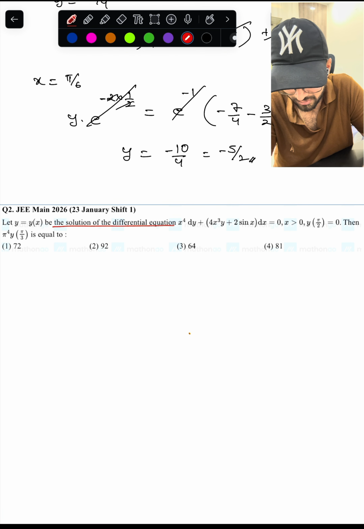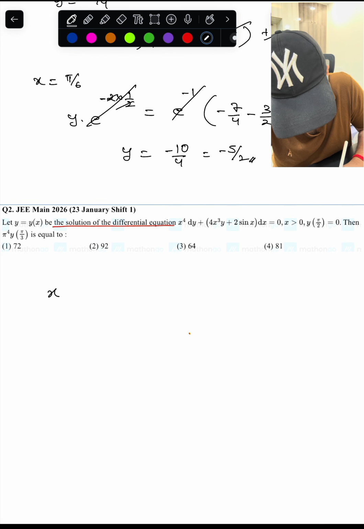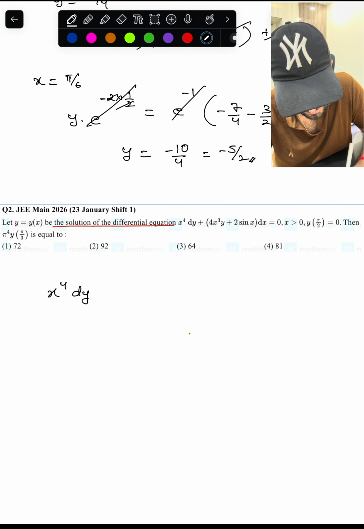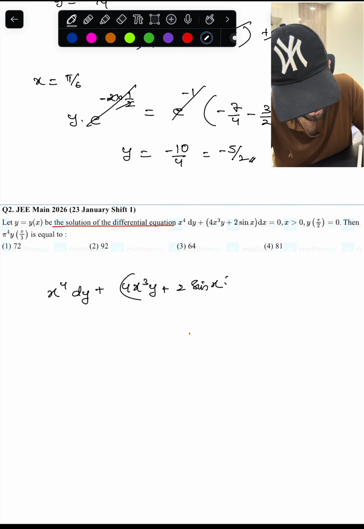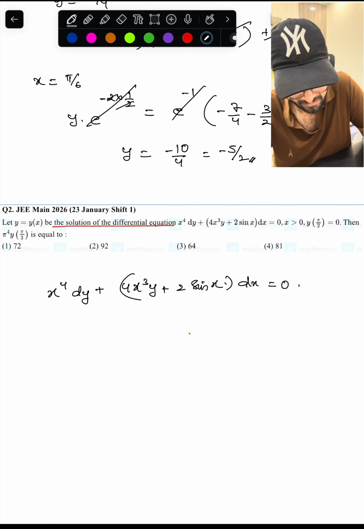So what we can do is, here we have x power 4 dy plus 4x cube y plus 2 sin x dx. So I will create dy by dx and I will divide by x power 4 here.